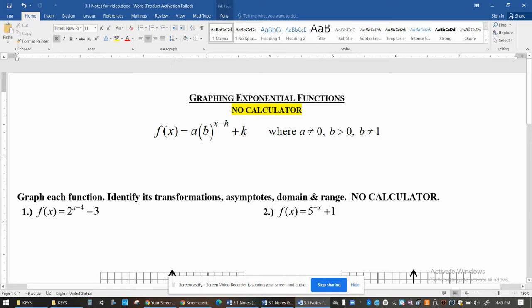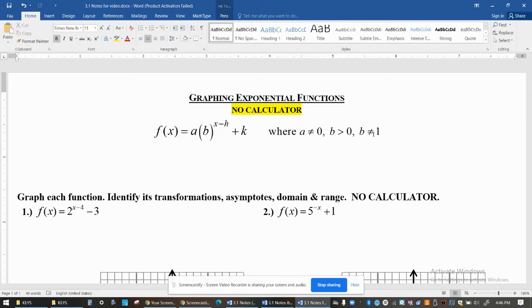And that multiplier in front can't be 0. So the multiplier in front can't be 0, the base has to be greater than 0, and it can't equal 1 either. If all these three things are true, where the multiplier a is not 0, b is greater than 0, but not equal to 1, then the graph will always be an exponential function graph.